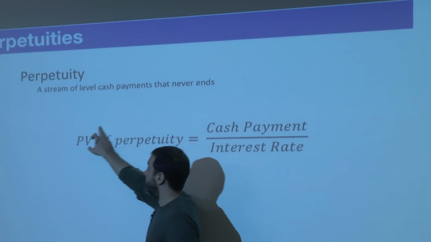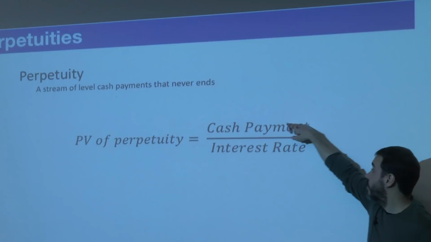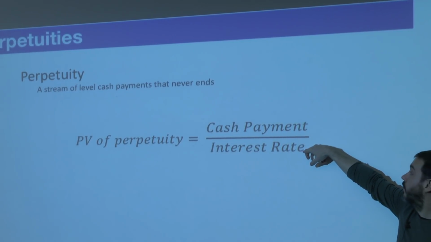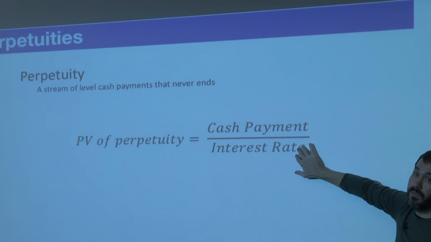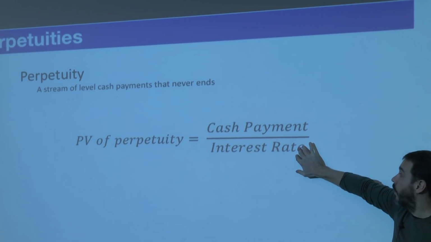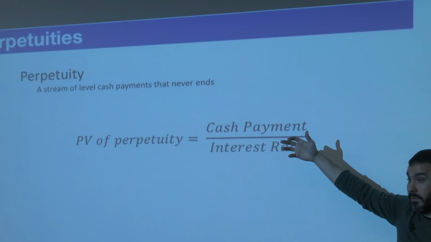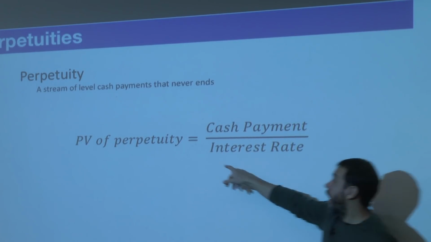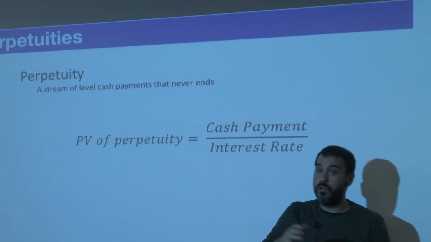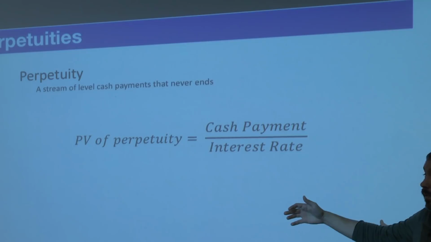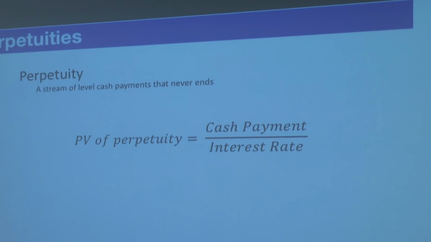And now the value of the perpetuity is given by these two variables: the cash payment you receive from it and the interest rate. We are asking how much this perpetuity will pay us. We have the present value of it. We just computed it as the future value of everything that has accumulated there. And we do know the interest rate.